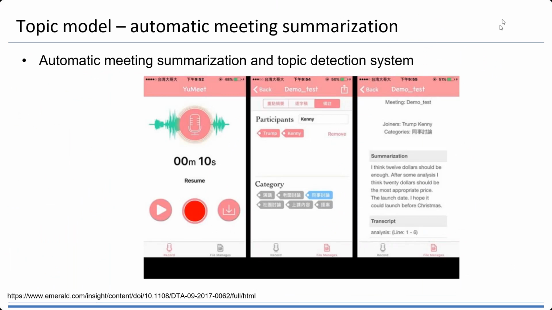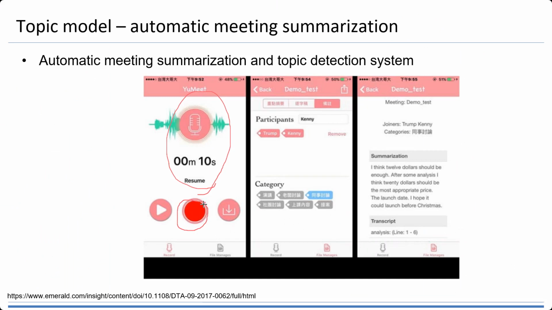So this is another kind of application. Okay. We can also make the topic model by automating the meeting. So there's one research. They try to collect the sound. They create an application on a mobile phone, and then they record the meeting.